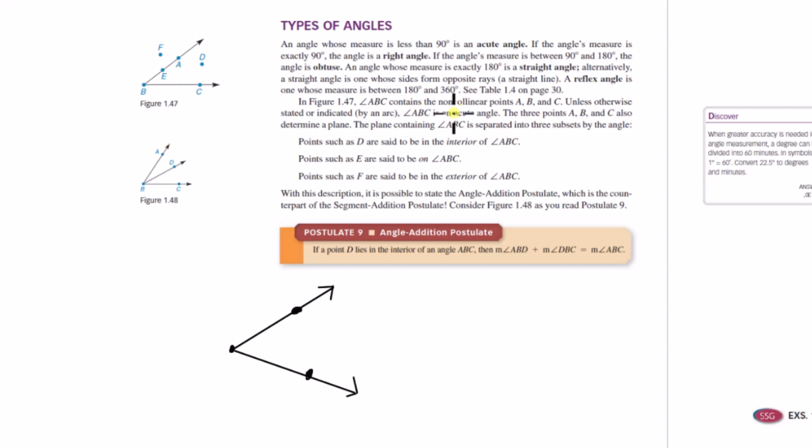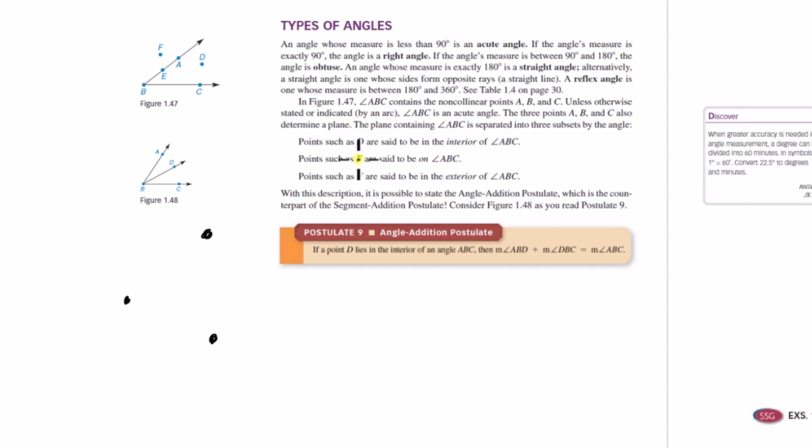The 3 points A, B, and C also determine a plane. The plane containing angle ABC is separated into 3 subsets by the angle. Let's come back to the statement that the 3 points A, B, and C also determine a plane. We've talked in previous videos about how 3 non-collinear points determine a plane.